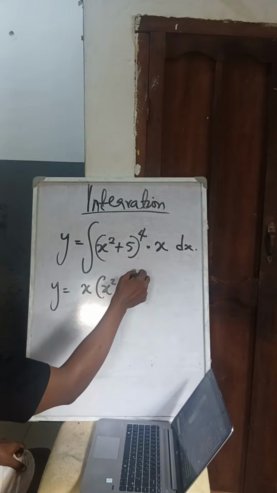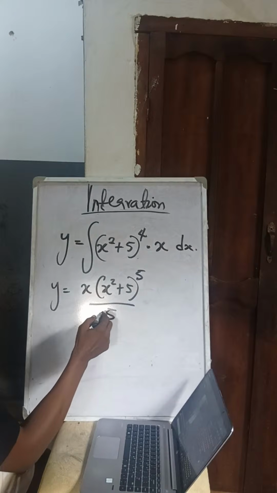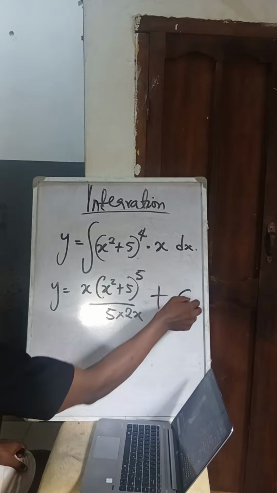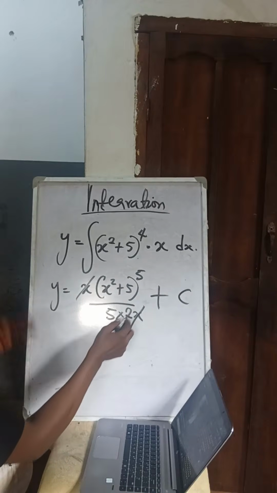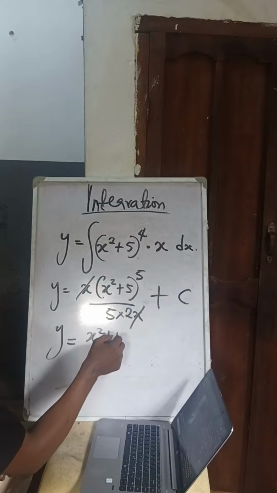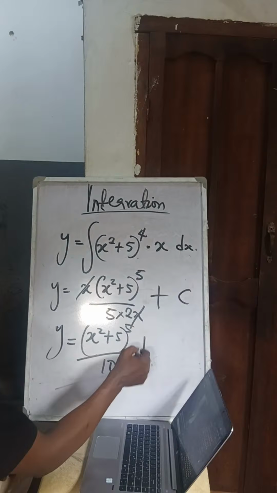Add 1 to 4, differentiate x squared, you have 2x, add plus c. This can cancel out this. 2 times 5 is 10, x squared plus 5 raised to the power 5 over 10 plus c.